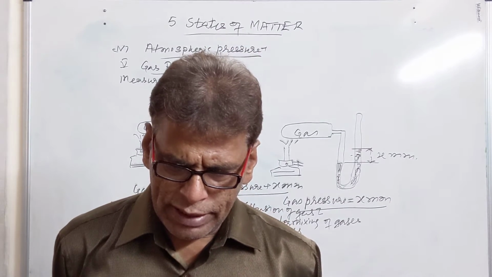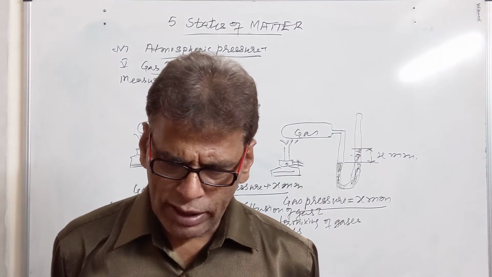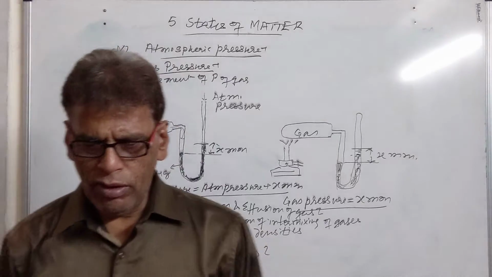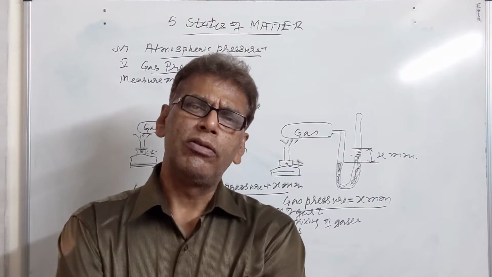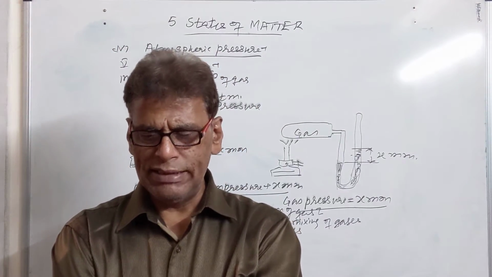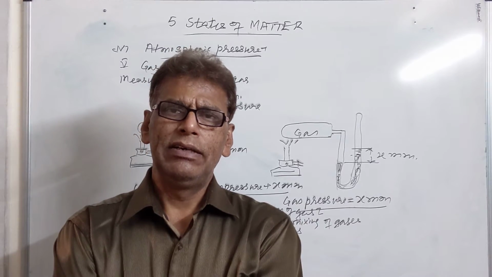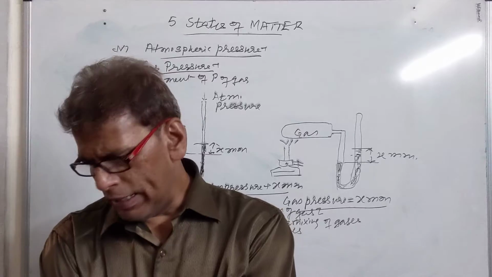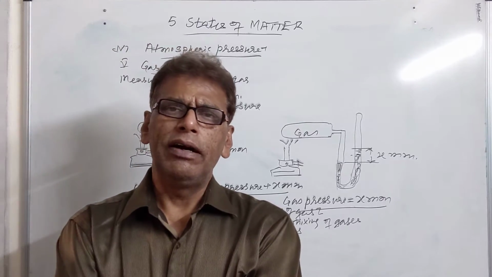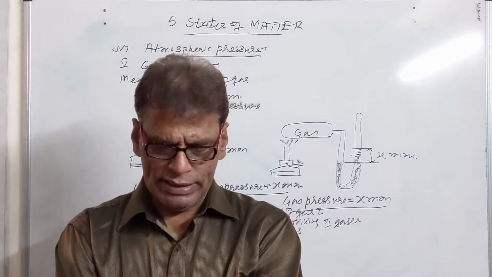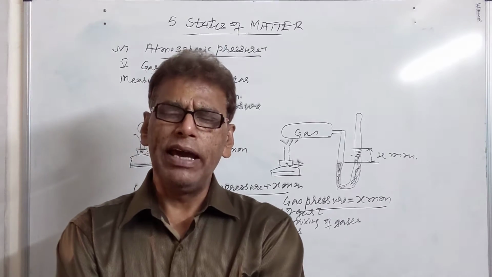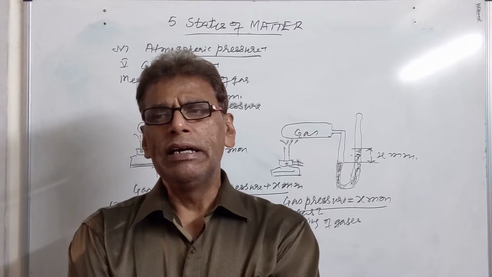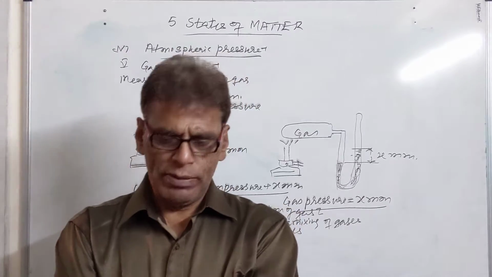Then we have the ideal gas, a gas which obeys all the gas laws and ideal gas equation under all the conditions of temperature and pressure. So this is the ideality of the gas, which is behaving in a normal way under all conditions. Real gas behaves in a normal way only under low pressure and high temperature.